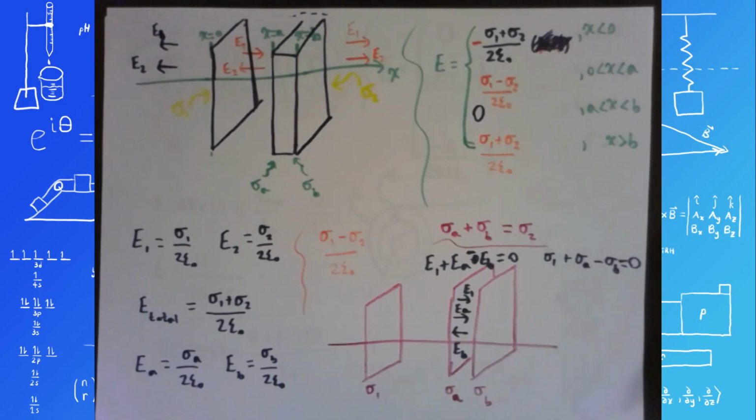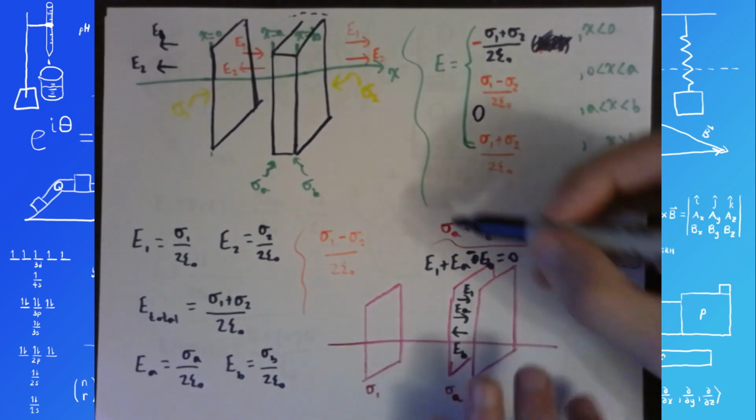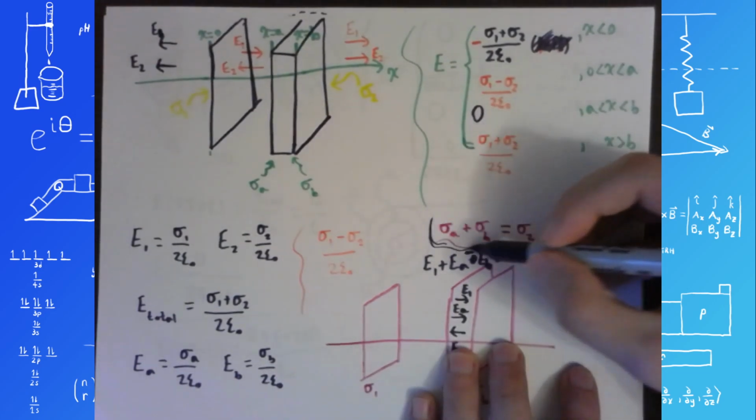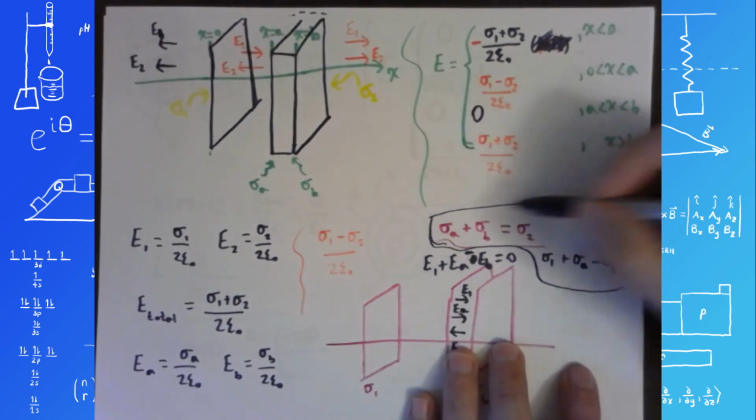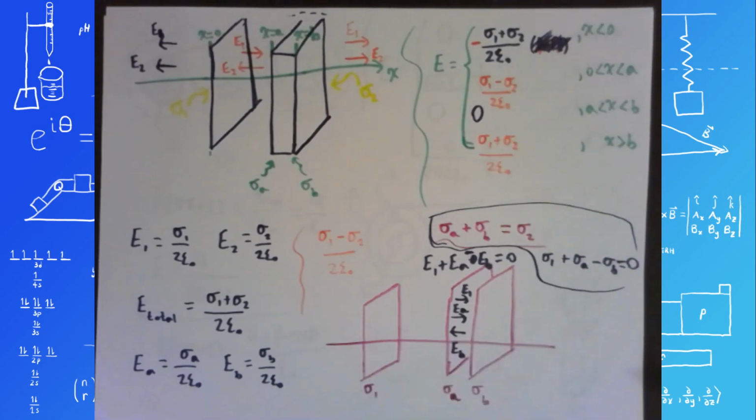But now you've got 2 equations in 2 unknowns. Remember, sigma 1 is already known, as is sigma 2. So with these 2 equations, you should be able to solve for sigma A and sigma B. Let's see what they would be.